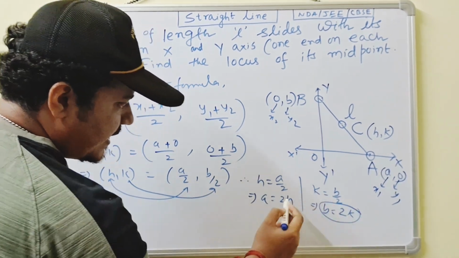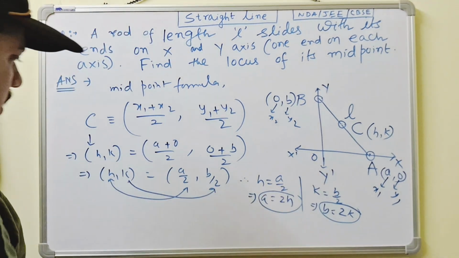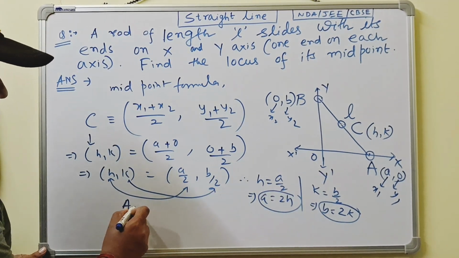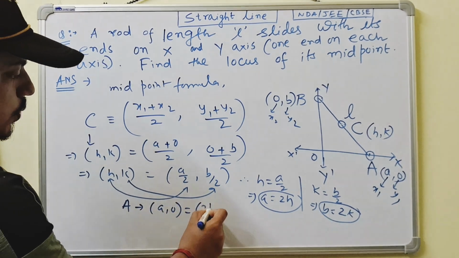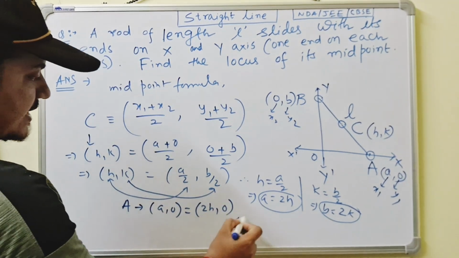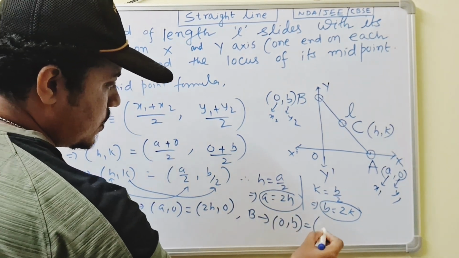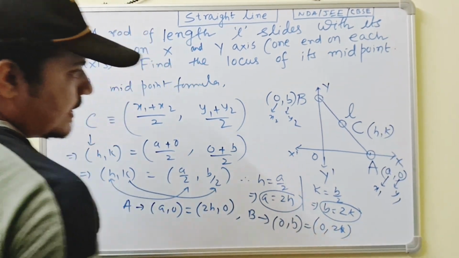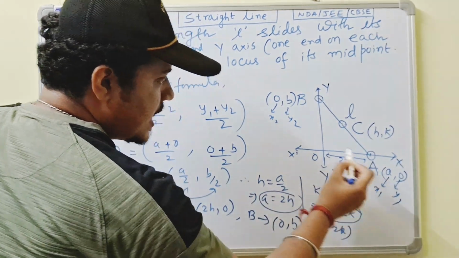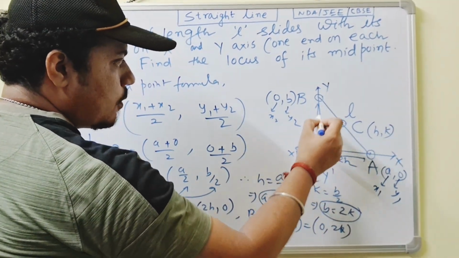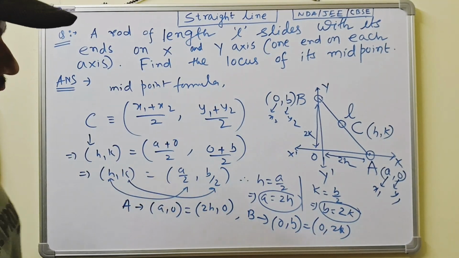So you found the values of a and b. The coordinates of A, that is (a, 0), equal (2h, 0), and B, (0, b), equals (0, 2k). That means the distance from the origin to A is 2h, and from the origin to B is 2k.